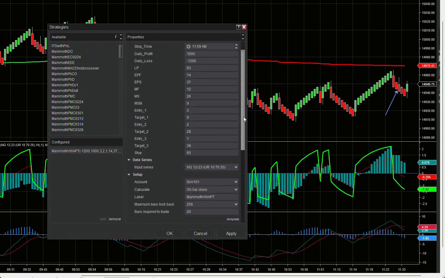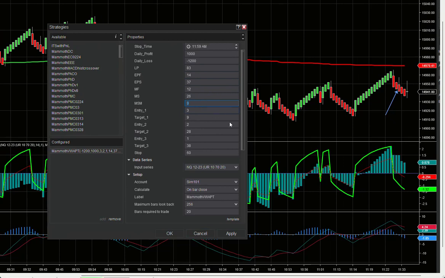Okay? And these settings, you can change them for the EMA fast 14, slow 37. And then what's this? That's MACD fast, then average 26 and smooth 9. So you can make these numbers a little bit different based on what instrument you're trading.